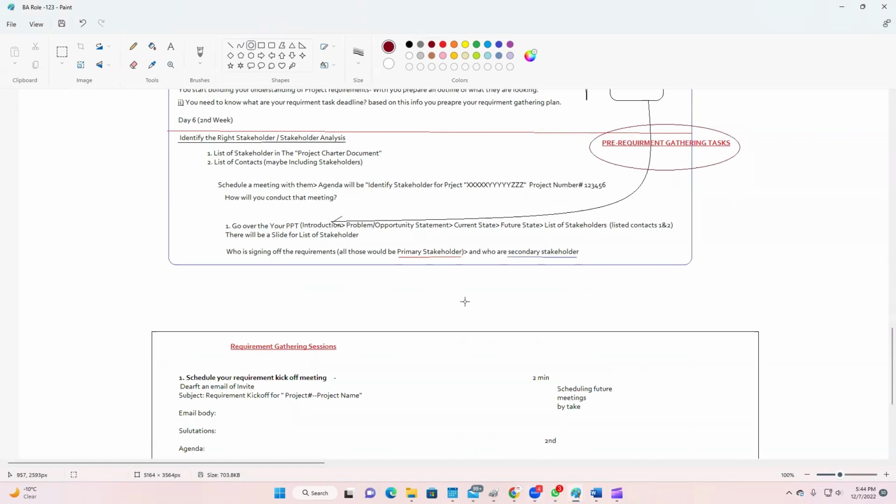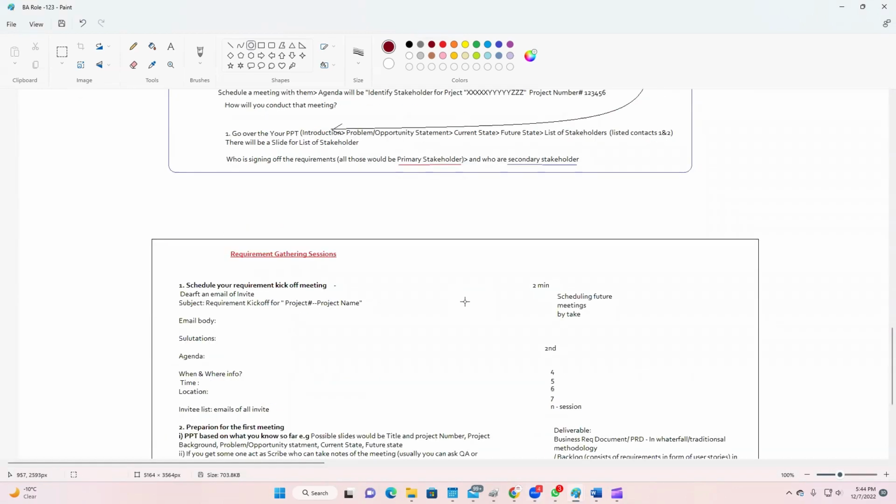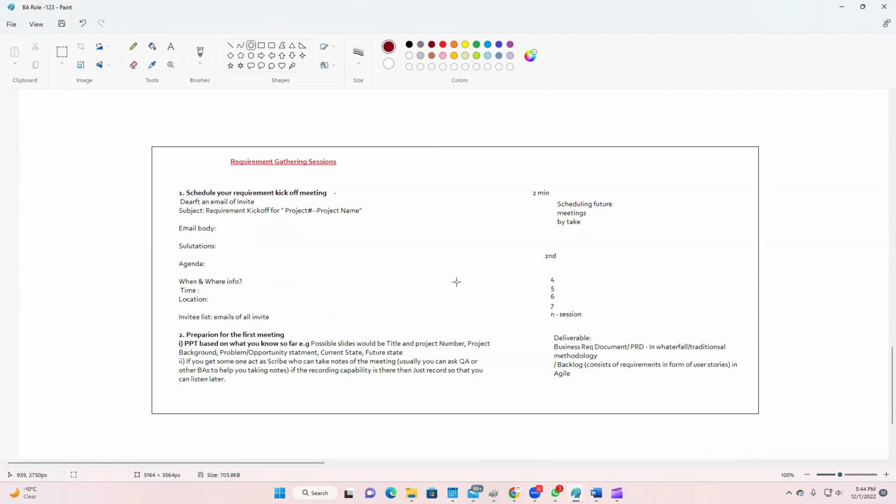Okay, what tasks you do to prepare for the requirement sessions. Then we talked about the requirement gathering sessions: how you will start, what would be your first task, your second task, how you present, and how you hold the meetings. We discussed that, and then you document those requirements into whatever template they have available.